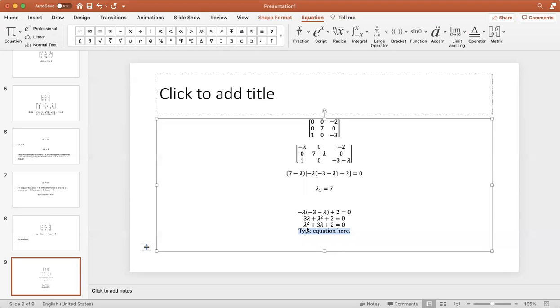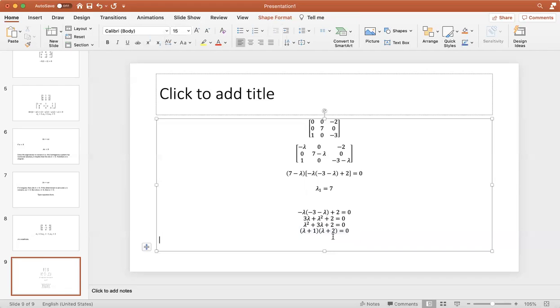So in this case, you have lambda squared plus 3 lambda plus 2, and if I factor this out, this is equal to lambda plus 1 times lambda plus 2 that equals 0.